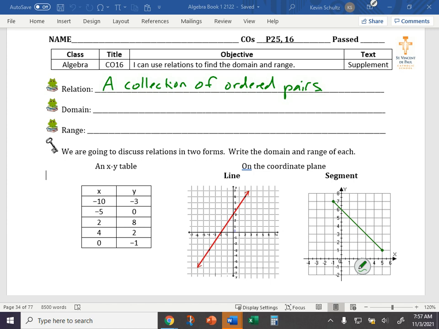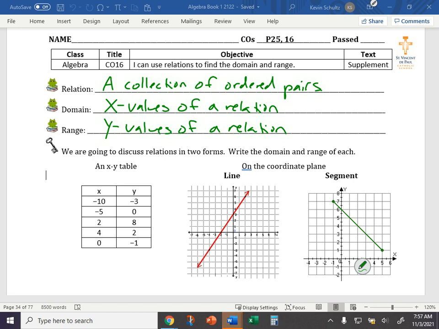Okay? Domain, all the x values of a relation. And the range, all the y values of a relation. Right? In context of our airplane example, the domain was the time, the range was the height. Okay?